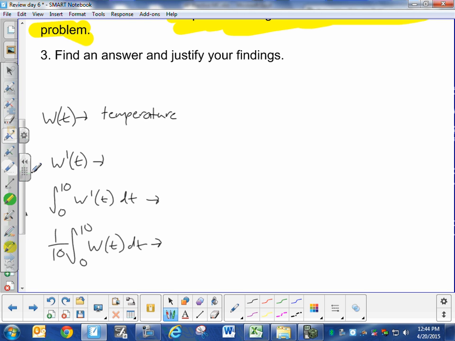Yeah, it's the rate of change, the instantaneous rate of change. If it was find W prime at 12, which I think was the question, W prime of 12, you would say the change, you can say the instantaneous rate of change of the temperature when t equals 12.